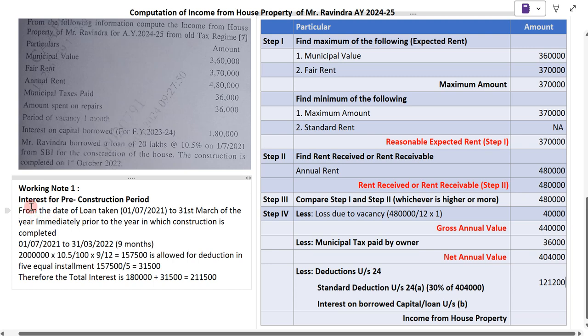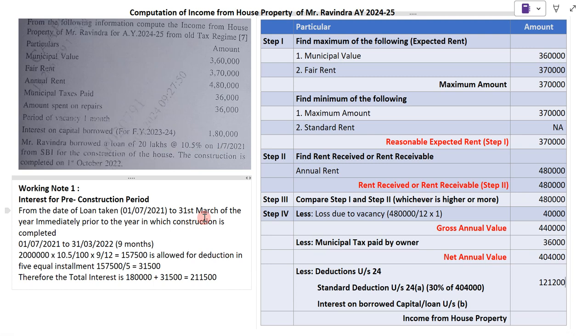So write in the working note, interest for the pre-construction period from the date of loan taken. On which date is the loan taken? On 1st July 2021, to 31st March, because the financial year ends on 31st March.